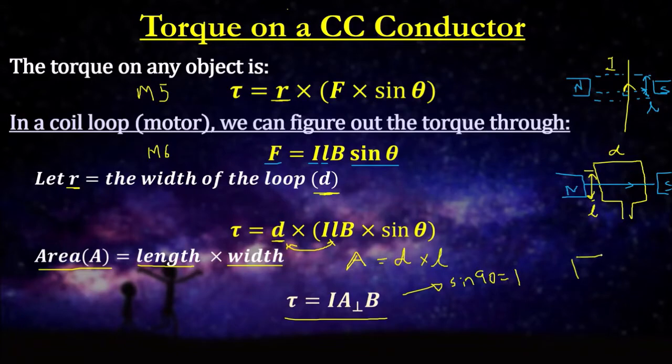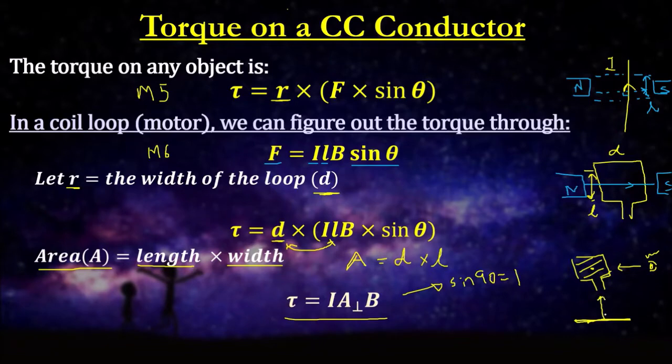Well, the area vector is essentially 90 degrees to the plane of my coil. So this is the plane of my coil. If I try and draw it so that I'm looking at it on the side, so my little eyeball here, if I'm trying to look at it on the side, this is the plane of my coil.